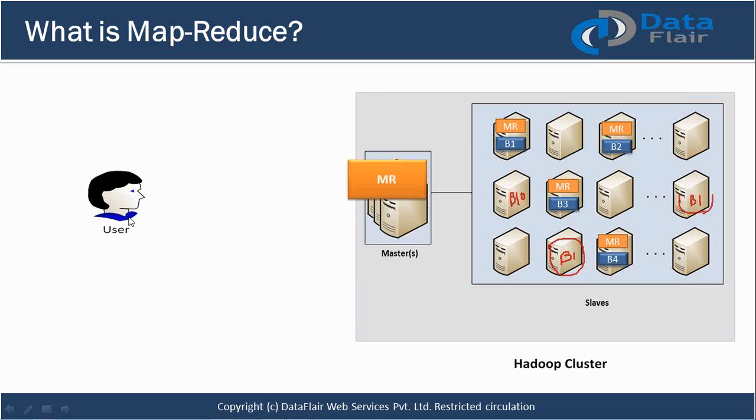Every block-related decision will be taken care of by the framework. MapReduce itself will take care of everything. You just need to give your data. MapReduce itself will split it and create the blocks. You just give your algorithm, and MapReduce itself will copy the algorithm to all the machines and process the blocks. So I think I have answered all the questions.